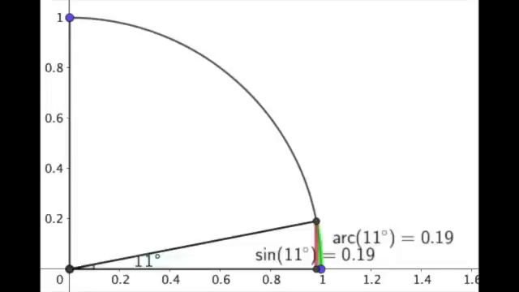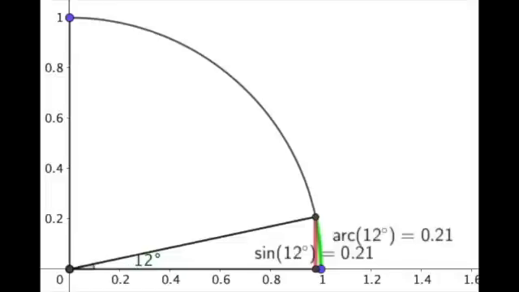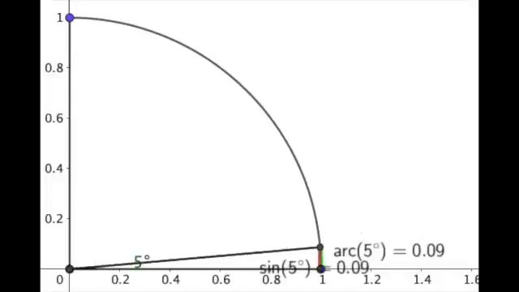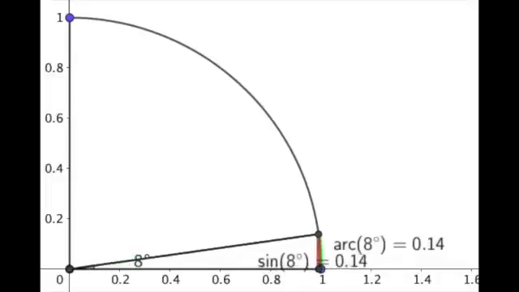Before we get the big proof started, a quick reminder that for very small angles, the sine of the angle, which is that red vertical segment, is very close to the green arc, which is the arc of the angle. So here, for 11 degrees, at least rounded to the nearest hundredth, they're equal to each other. And the smaller the angle gets, the closer those two things get together.